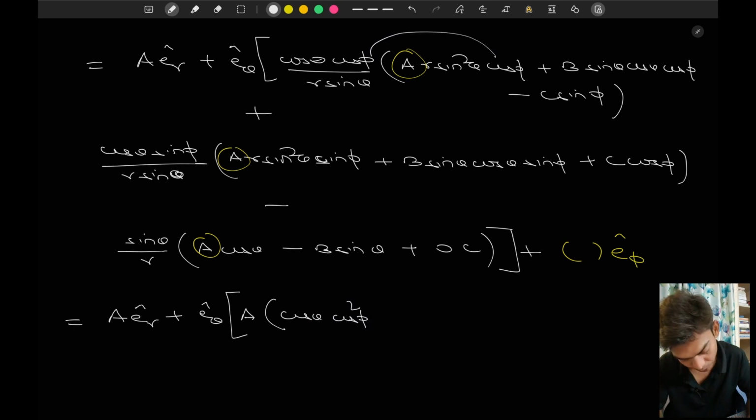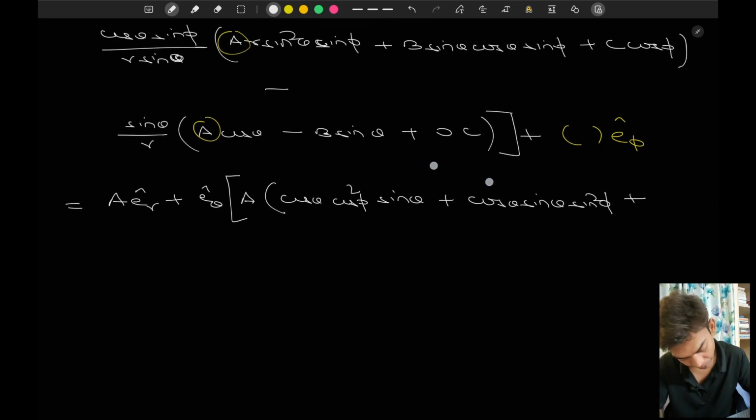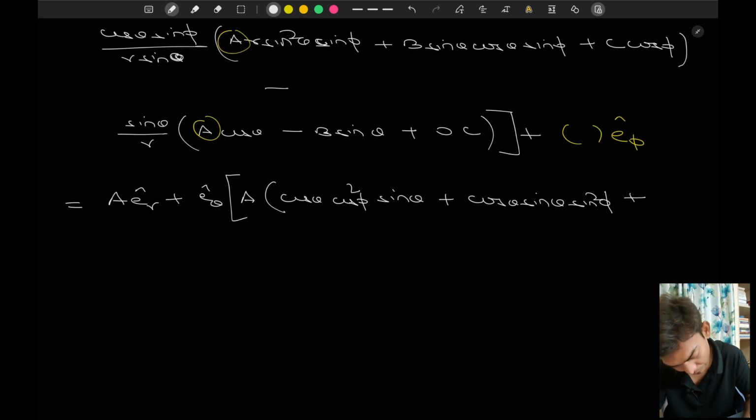This will multiply with this cos phi to give cos square phi, and we have just one sine theta, right? From the second term, r cancels r, sine theta cancels one sine theta, and we have cos theta sine theta sine square phi. And from the third term there is a minus sine theta cos theta, right?